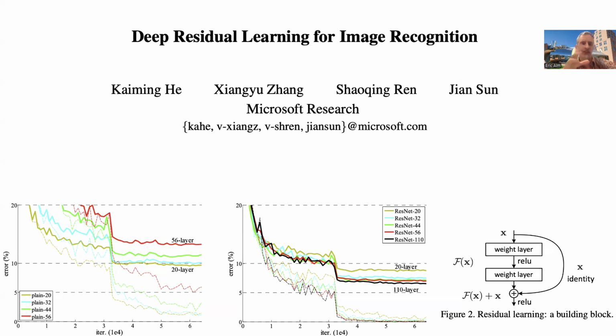So you can see on the left, the 56 layer network has like 15% error. The 20 layer network only has a 10% error. And then once they added these residual connections, they were still getting improvement all the way up to 110 layers.